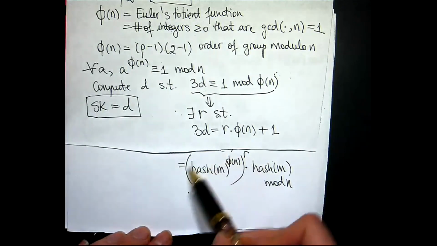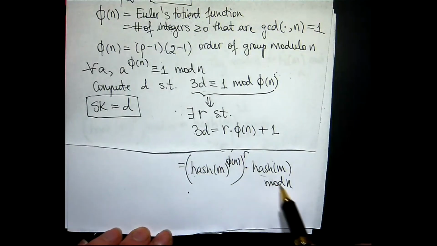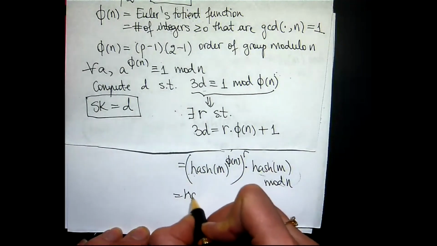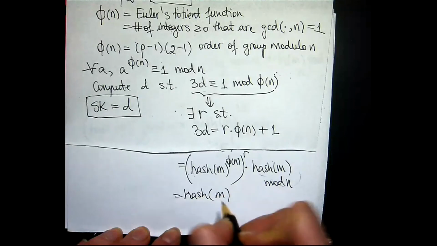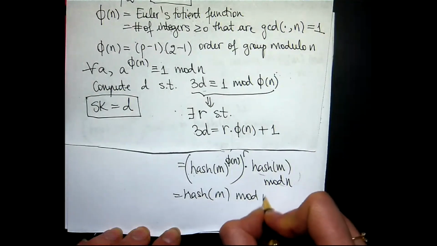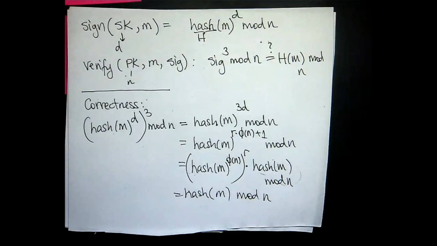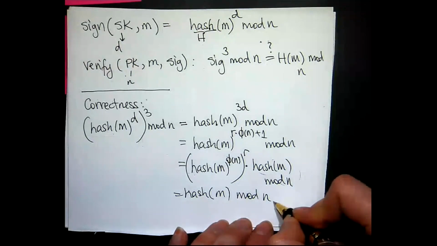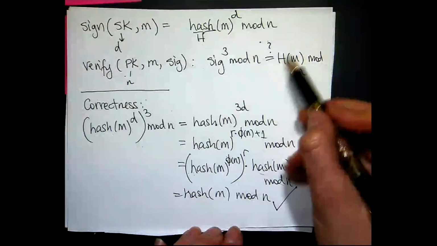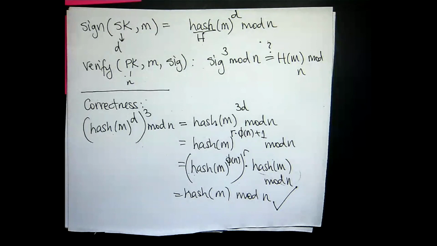So this whole term is going to be 1, and I'm left with just hash of M modulo N. Any questions on this? Is it clear why this will verify, because this will indeed be equal to the hash of the message. So this is a correct signature scheme.